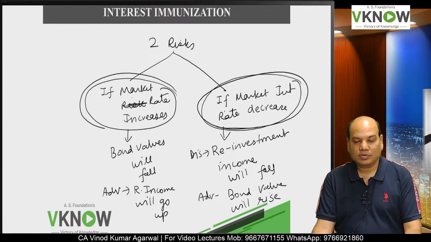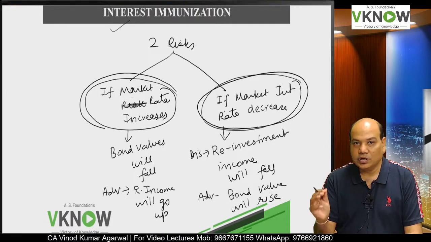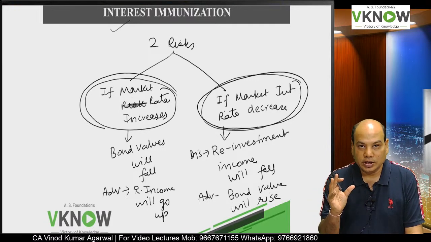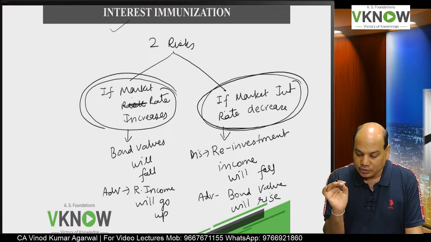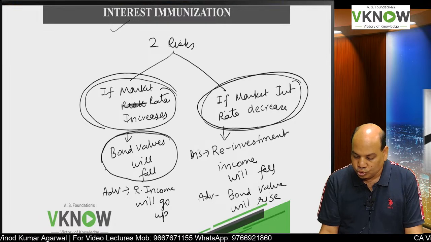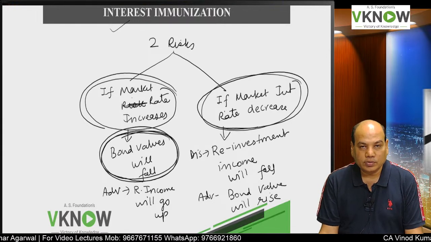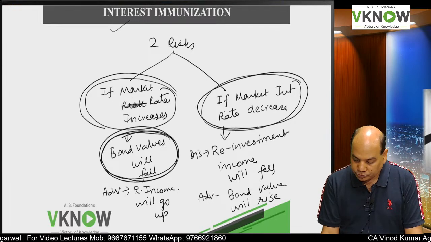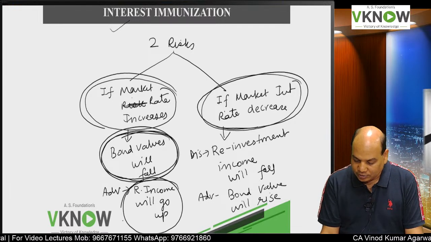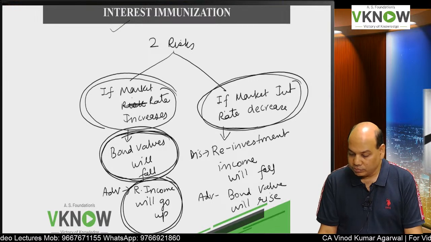Bond value will rise. So what is interest immunization? It is a strategy whereby, very interesting, the loss due to change in value of the bond, fall in the value of the bond, will be compensated by the gain on reinvestment income.